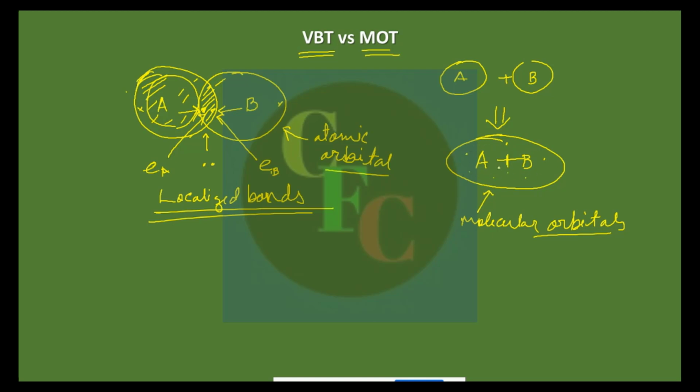Obviously, by the shape we can say that wherever there is more probability, it can reside there. The bonding situation arises when the probability of finding that pair of electrons is highest between the two nuclei. This is a molecular orbital, and the electron can be found anywhere within it. So the individuality of atomic orbitals is lost.